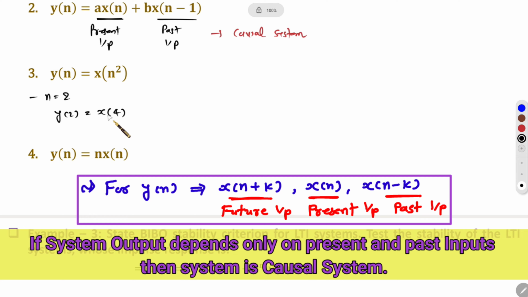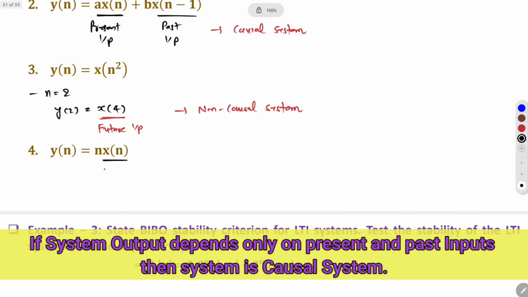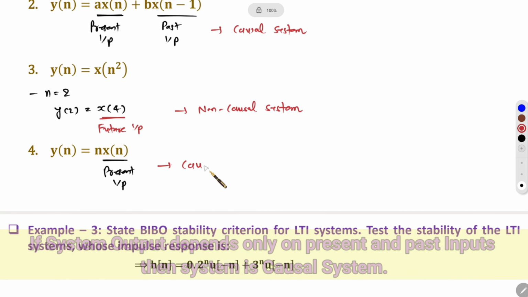But here we have x of 4. What it means? This is future input. Then one can say the given system is a non-causal system. Now let me check the fourth system. See here our output is depending on x of n, that is present input, right? So one can say the given system is also a causal system.